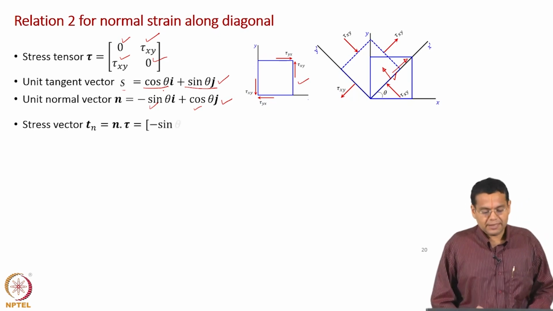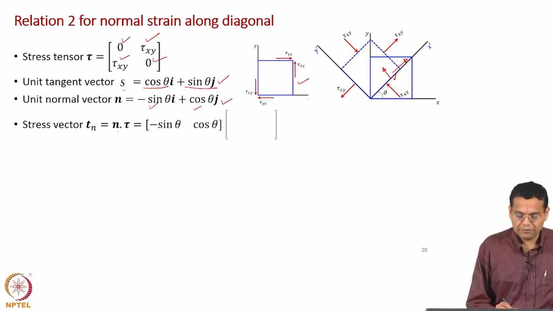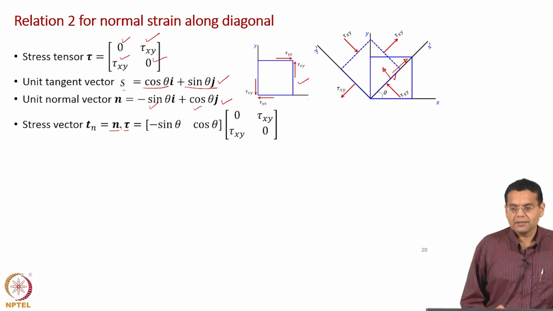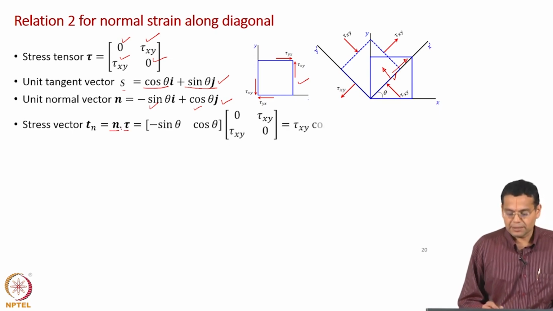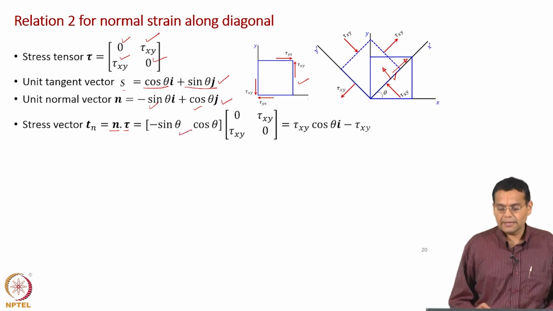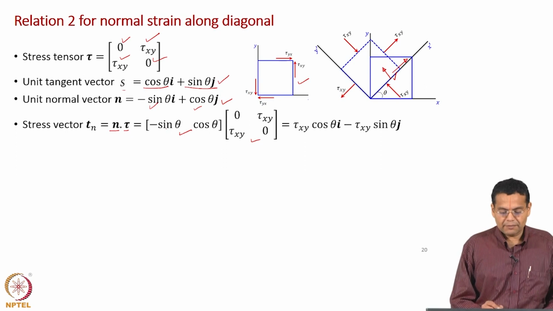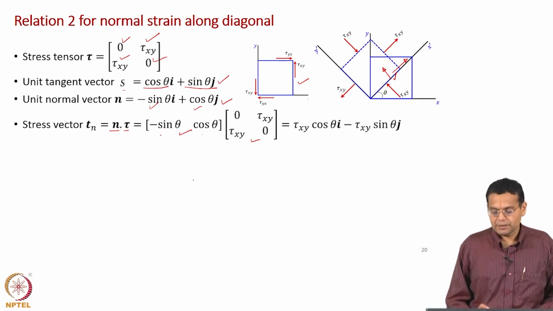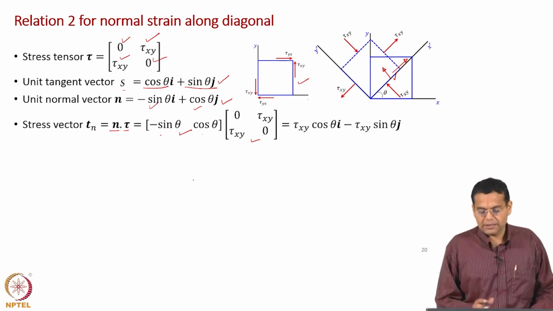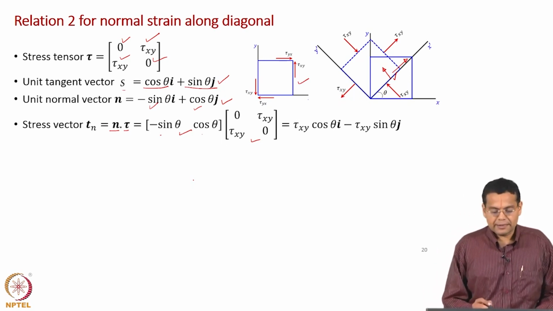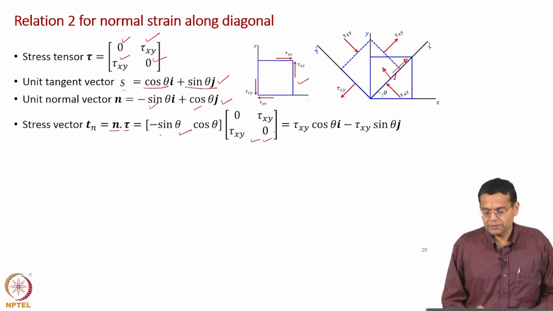We have seen that it is the dot product of the unit normal vector with the stress tensor, or in simple terms, matrix multiplication of the normal vector and the stress tensor. The normal vector is minus sin theta, cos theta, written in matrix notation, and the stress tensor is of course given by 0, tau xy, tau xy, 0.